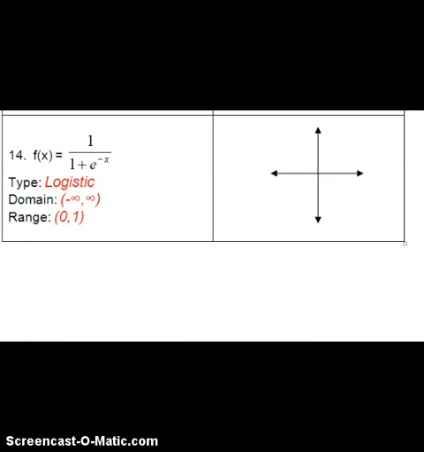All right, we get to our last parent function, which is f of x equals 1 over 1 plus e to the negative x power. This function is called the logistic function, and its domain is from negative infinity to infinity and it has a range of 0 to 1. This function has two boundary lines, and one of the boundary lines is at 0, and then there's another boundary line at 1.